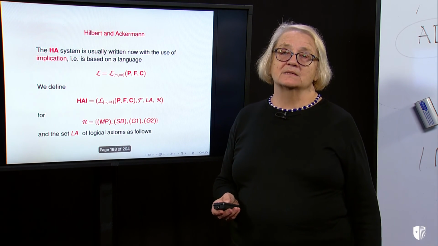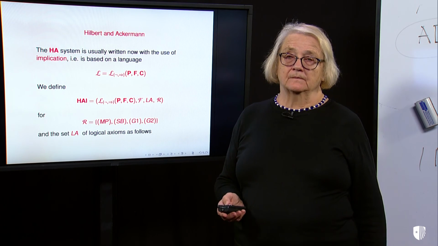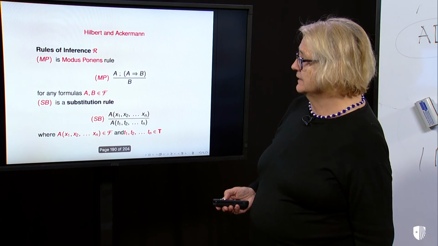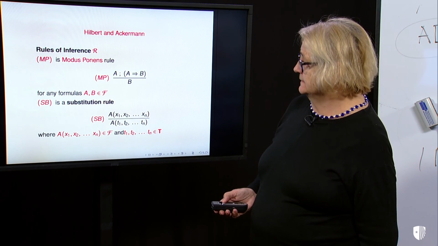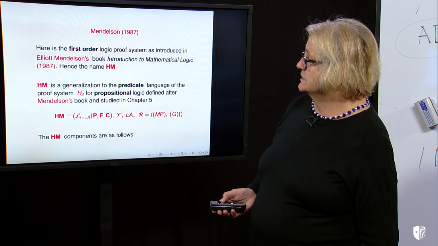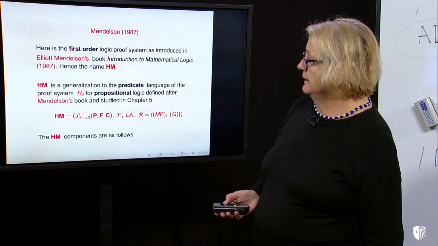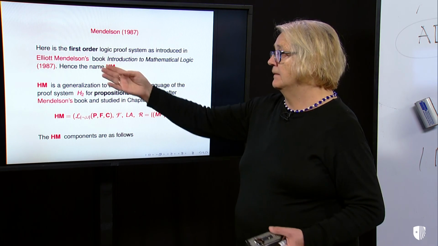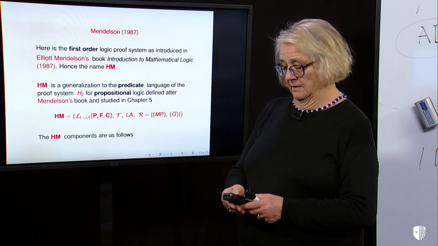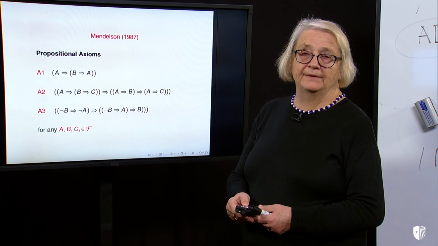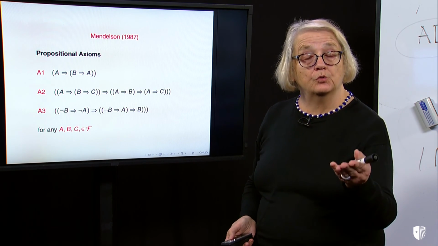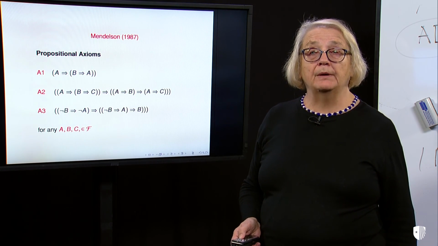And now there is also what I said, and I rewrote it with implication. And I gave you the Elliott Mendelson book. Here you see our propositional axioms, which we use in our propositional part.